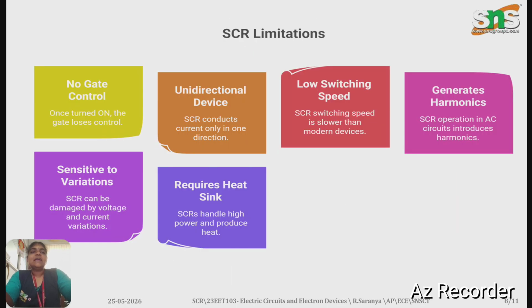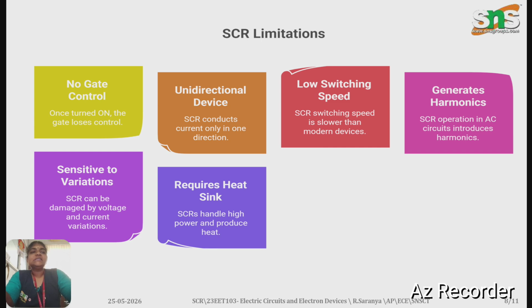Even though it has multiple advantages, it has a few disadvantages or limitations too. We cannot control the gate current once triggered, and it is a unidirectional device, so the SCR will conduct current only in one direction. Even though it has fast switching speed, in modern electronic devices the switching speed of SCR is slow.